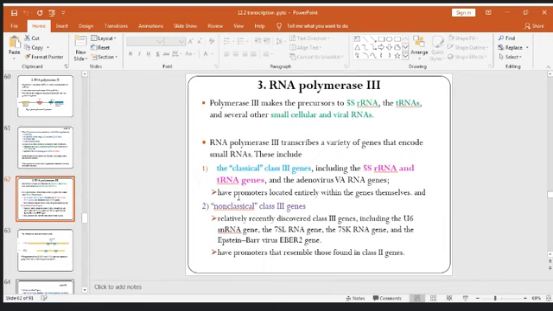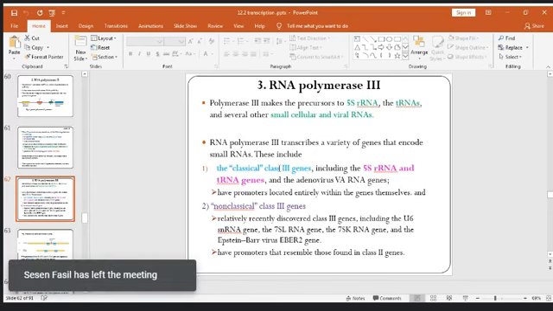Those have promoters located entirely within the genes themselves. Some of them, because there are also ones with promoters outside the gene.